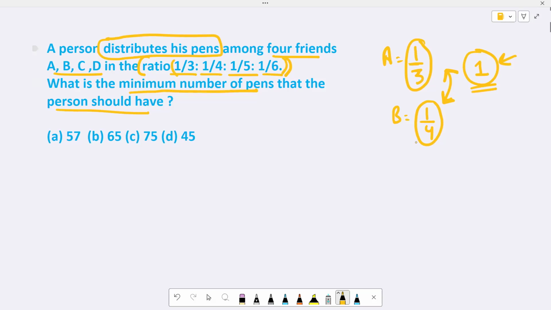For example, if D is getting 1 upon 6 pens, then C should get 1 upon 5 pens. Right, this is the whole concept of what ratio means in this particular question.